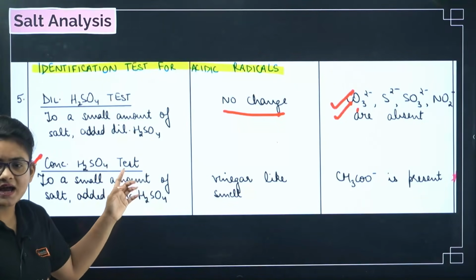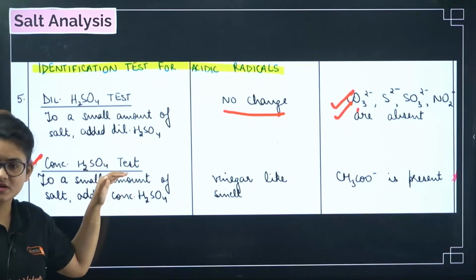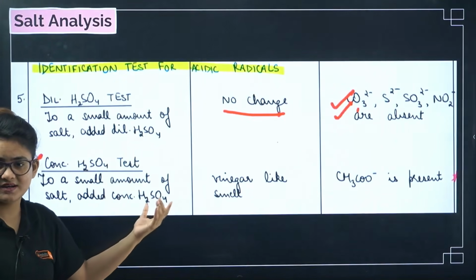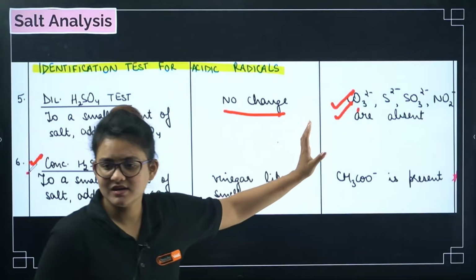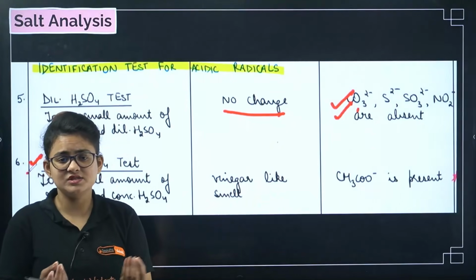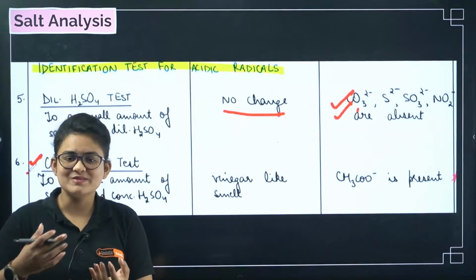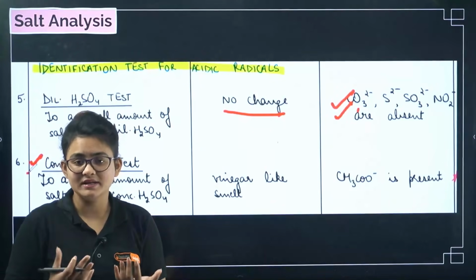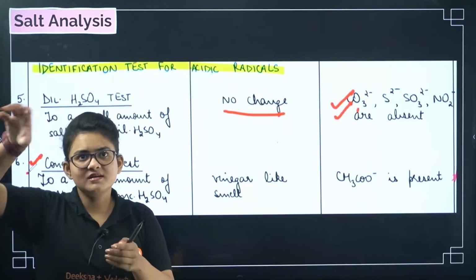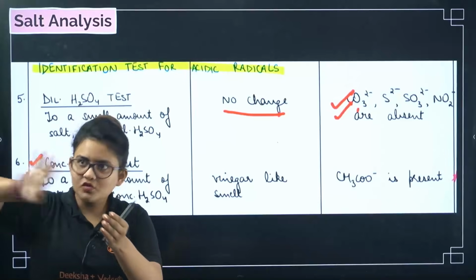Dilute H2SO4 test and concentrated H2SO4 test have been done here, and here you can write present. There is no chance to write absent, because if it is absent, why should I proceed, right? That's the reason we do the preliminary test, so that those which may not be present are eliminated.